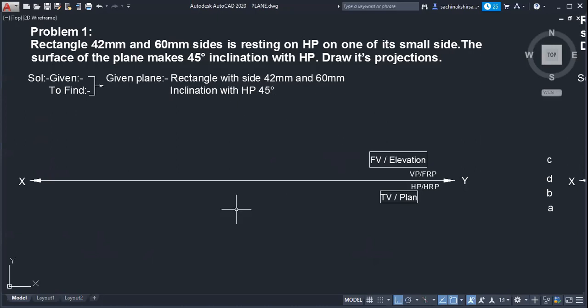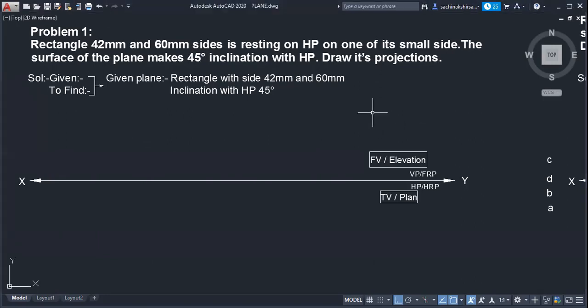All the problems of the chapter projection of plane start with true shape. Firstly you have to draw the true shape, but where to draw it, in HP or in VP, that is most important. Where is VP? Above XY. Where is HP? Below XY. Keep in mind, you have to always start the problem with true shape.